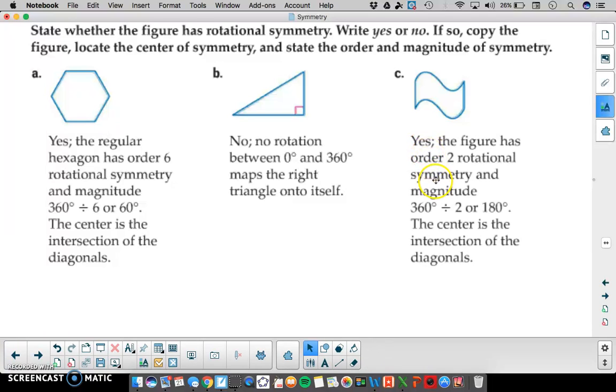So the order of this figure is 2, because we had 2 places in that 0 to 360 turn that looked like the original figure. So it has an order of 2, and its magnitude would be 360 divided by 2, or 180 degrees. The center is the intersection of the diagonals. Again, the center of that figure.